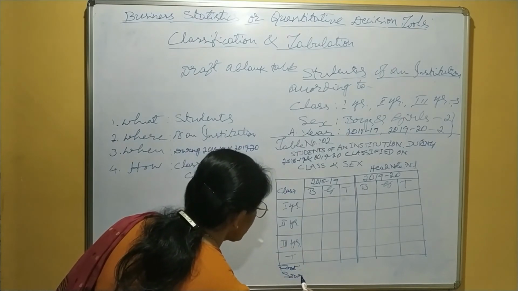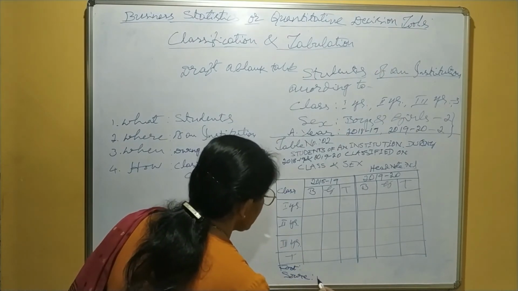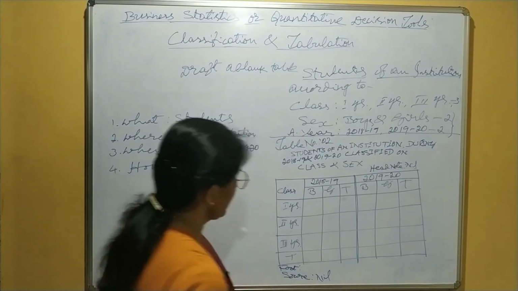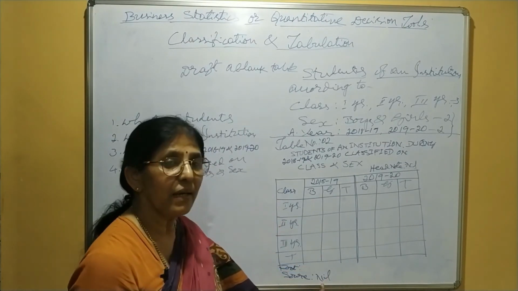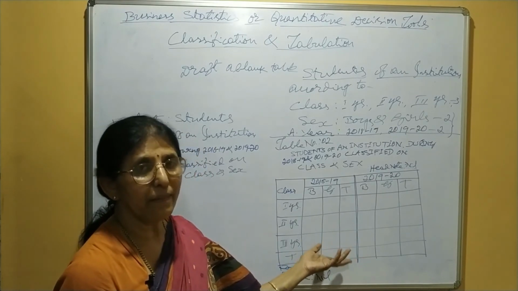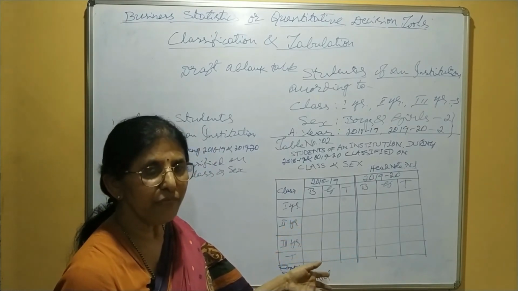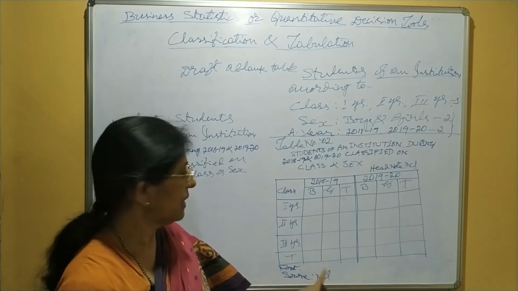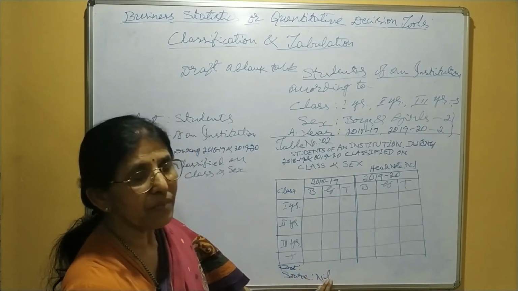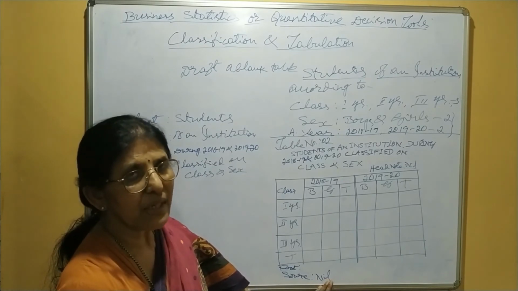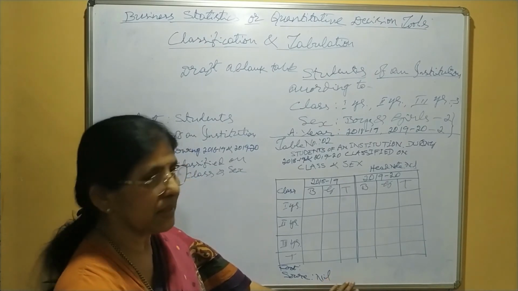And here the source, as I have told you, is for secondary data; it is a blank table, therefore the source is nil. Only when the table is complete and the source of data is secondary, then we write the source from which we have taken the data.